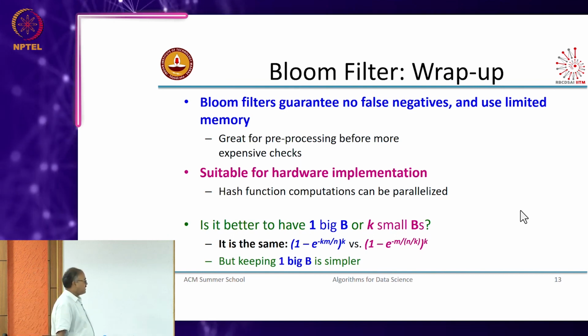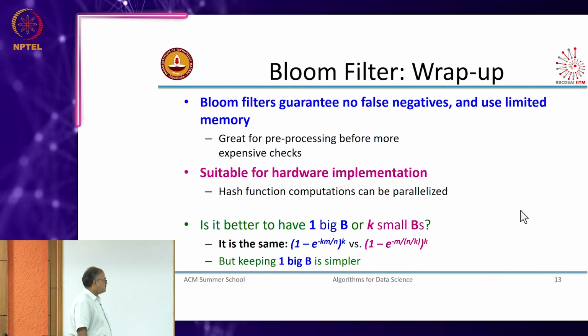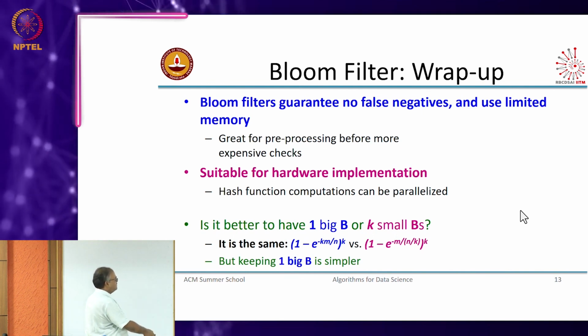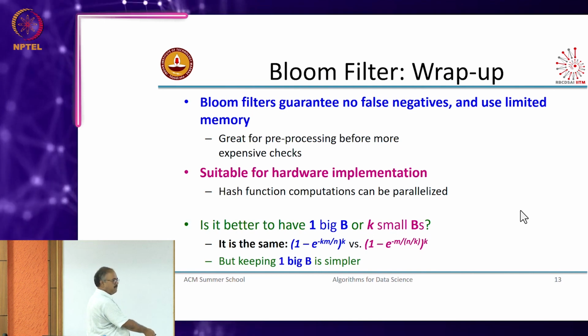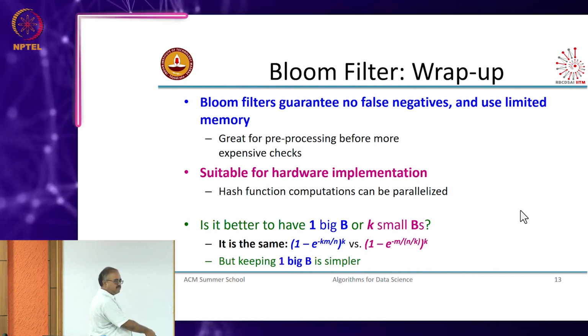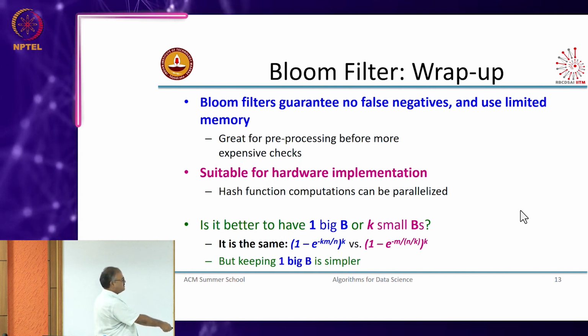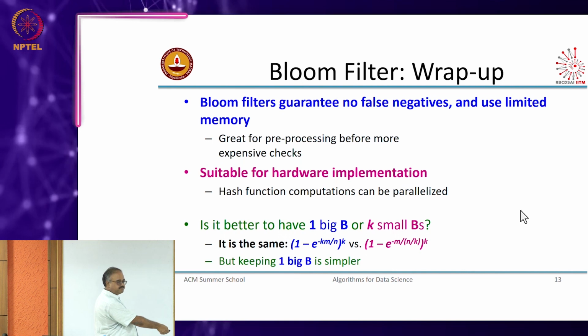The slide tells you it's the same, but you have to convince yourself. So what we did here is that we threw k m dots at n bins, and what we are doing here is throwing m dots at n by k bins.